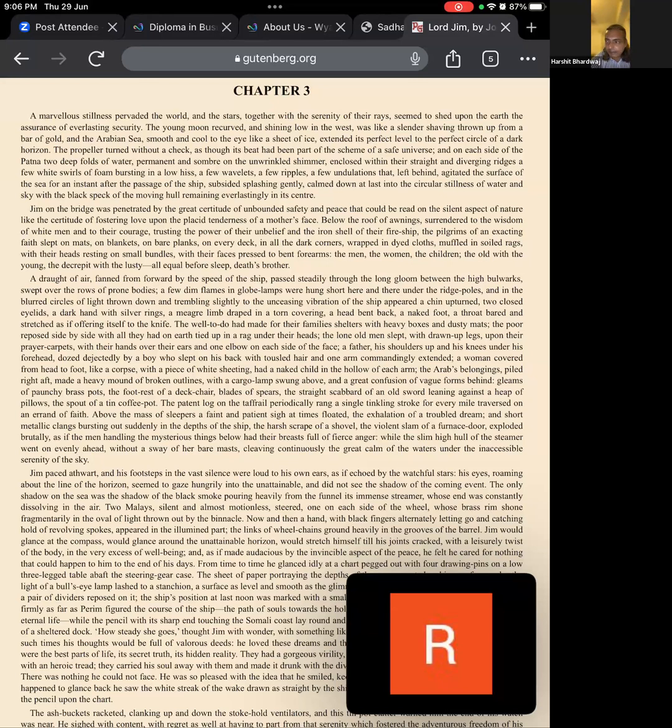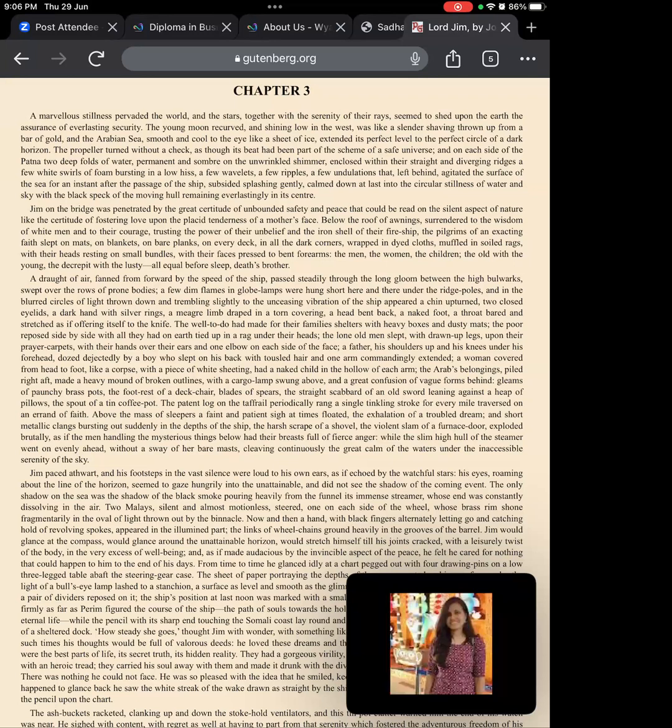Remember Passage to India? The strength comes from the sun. Who's giving this assurance of everlasting security? The British Empire. Yes, the empire, the soldier of the British Empire, Mr. Jim, the chief mate, and the ship.